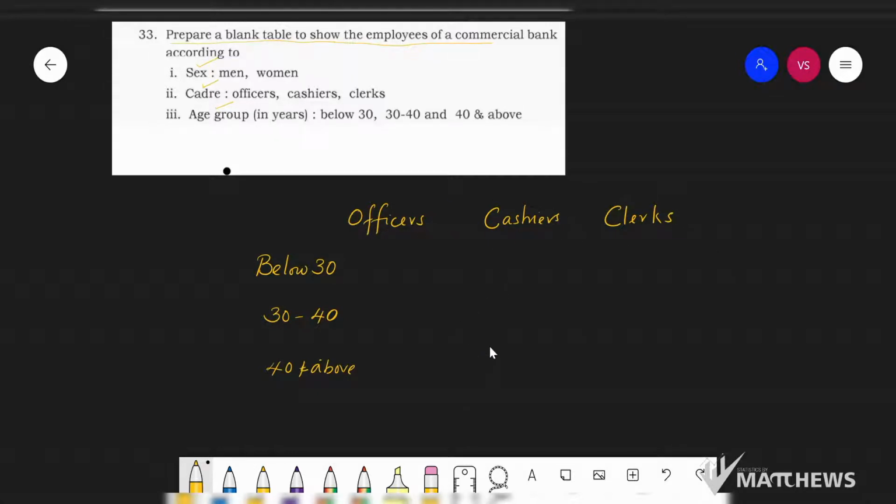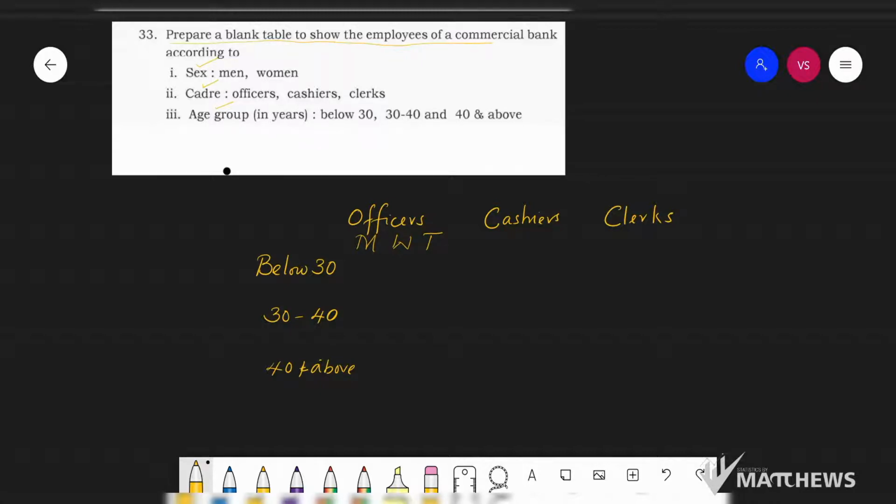So now we need to think about where I can introduce the other characteristic. The other characteristic, that is sex, should be introduced in either of these. Either it should be introduced in the stubs as substubs or in the columns as subcolumns. Already we have three columns, students. So what I can do is divide each again into men, women and total.